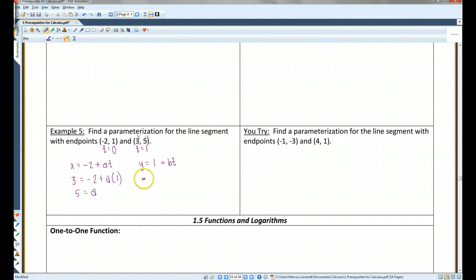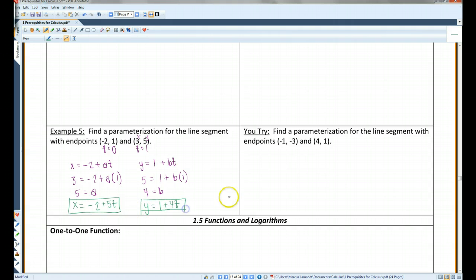See here, y is 5. Subtract 1, b is 4. So, let me change colors. Green. Now I just need to plug in my a and b. So I've got x equals negative 2 plus 5t. And y equals 1 plus 4t.